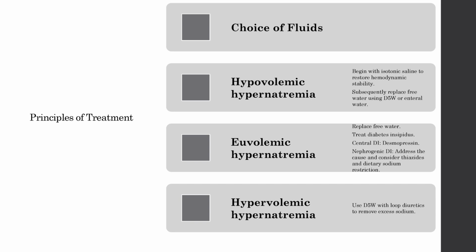Central diabetes insipidus, desmopressin. Nephrogenic diabetes insipidus, address the cause and consider thiazides and dietary sodium restriction. Hypervolemic hypernatremia. Use 5% dextrose water with loop diuretics to remove excess sodium.